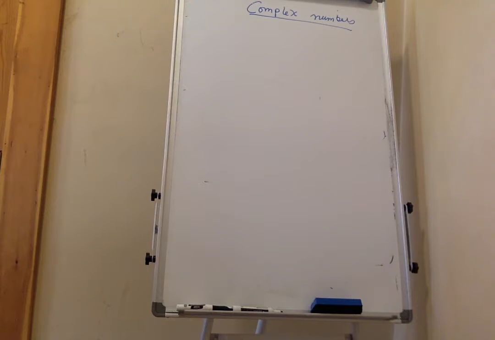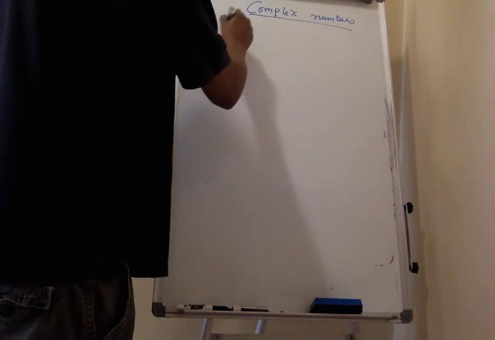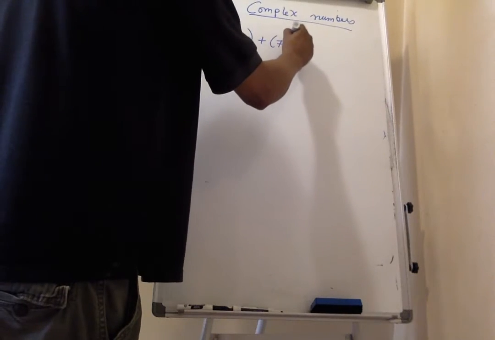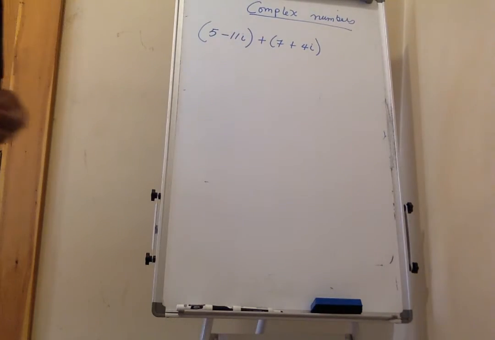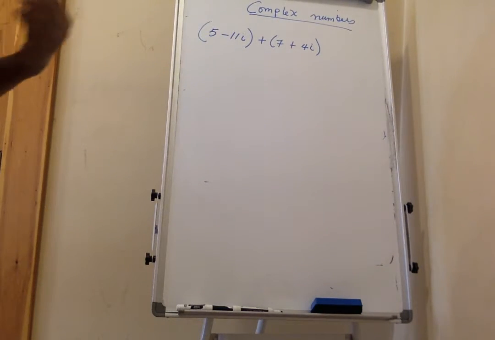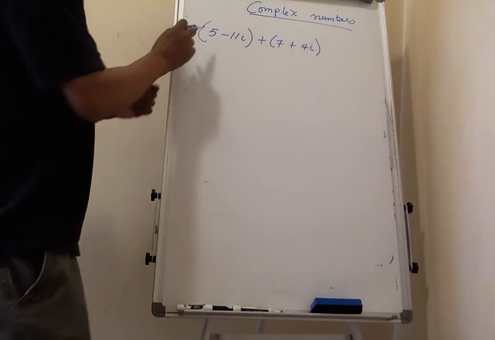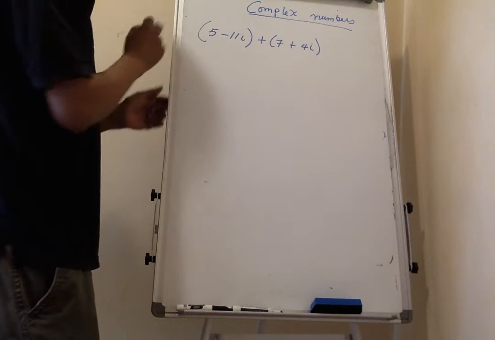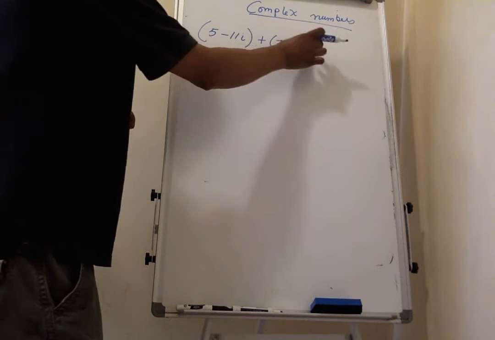So let's do some addition. If you have 5 minus 11i plus 7 plus 4i, again, adding or combining like terms. So you cannot add 5 and 4i, or you cannot subtract 11i from 5, because this is complex and this is complex.